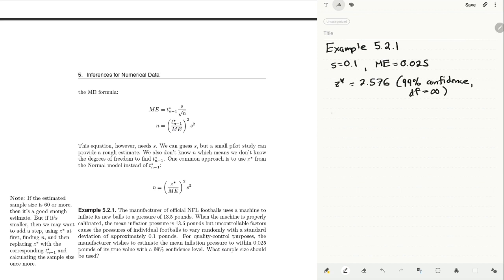So now we can determine the sample size. We take our critical value of 2.576 and divide it by 0.025. That is all squared. And we multiply that by 0.1 squared.